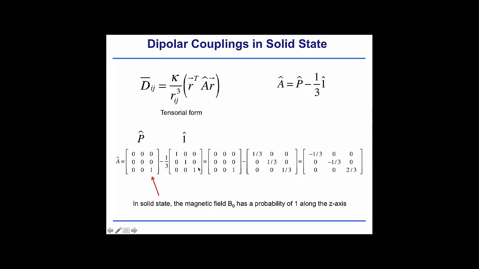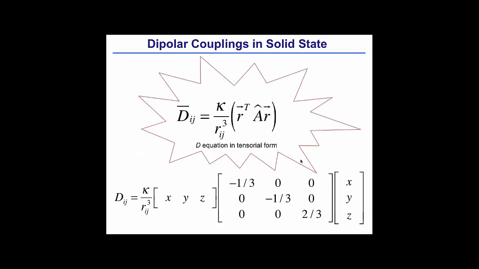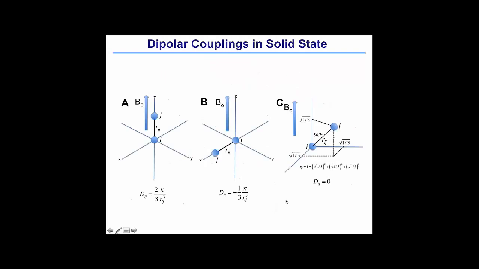If you subtract 1/3 in order to calculate the alignment tensor, this should be the alignment tensor in solid state. Well, it is not really an alignment tensor, it's just a tensor that represents full alignment, 100% of alignment. So here is how we can calculate a Dij value using this alignment tensor in solid state in the tensorial form, and I will show you a couple of examples.